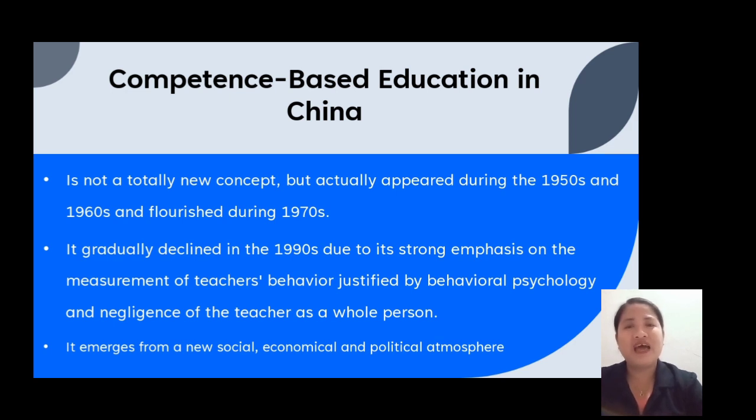It gradually declined in the 1990s due to its strong emphasis on the measurement of teachers' behavior justified by behavioral psychology and negligence of the teacher as a whole person. Thus, to say that the current trend of CBE is new actually means many things. So it emerges from a new social, economical, and political atmosphere.